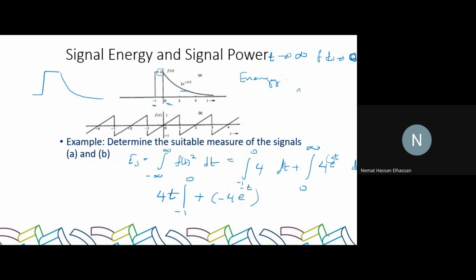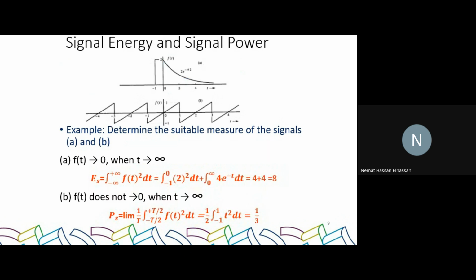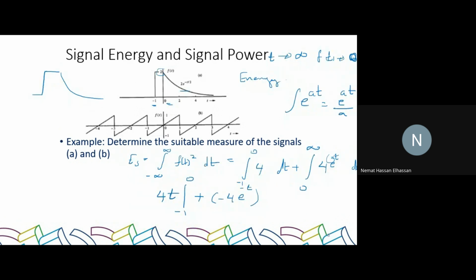The integration of e to the power a t is equal to e to the power a t divided by a. And it's a negative exponent, because it's a decaying exponential. Yeah? Okay. And we also have the same concept of integration limits, from 0 to infinity.